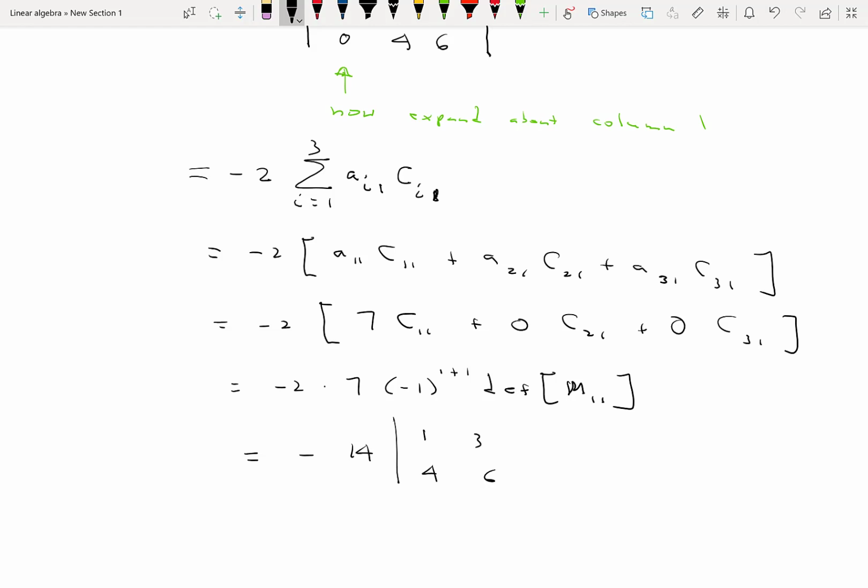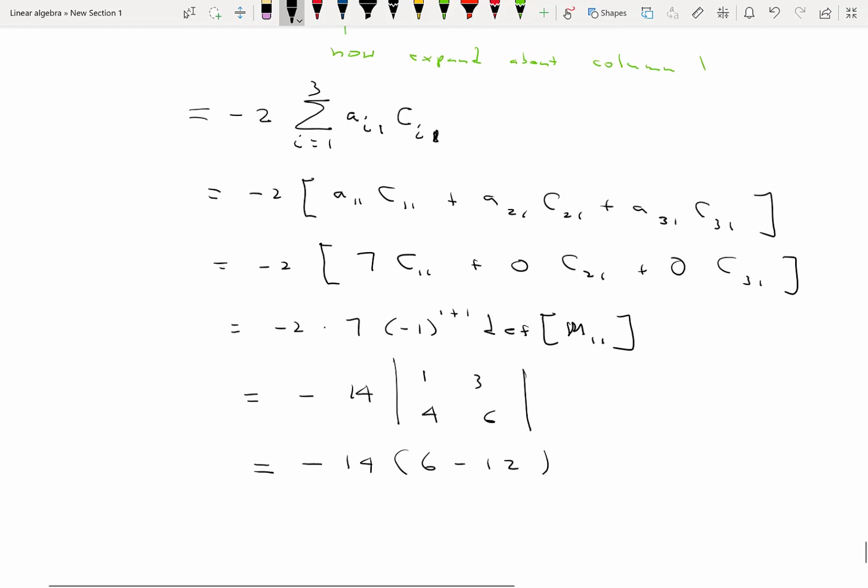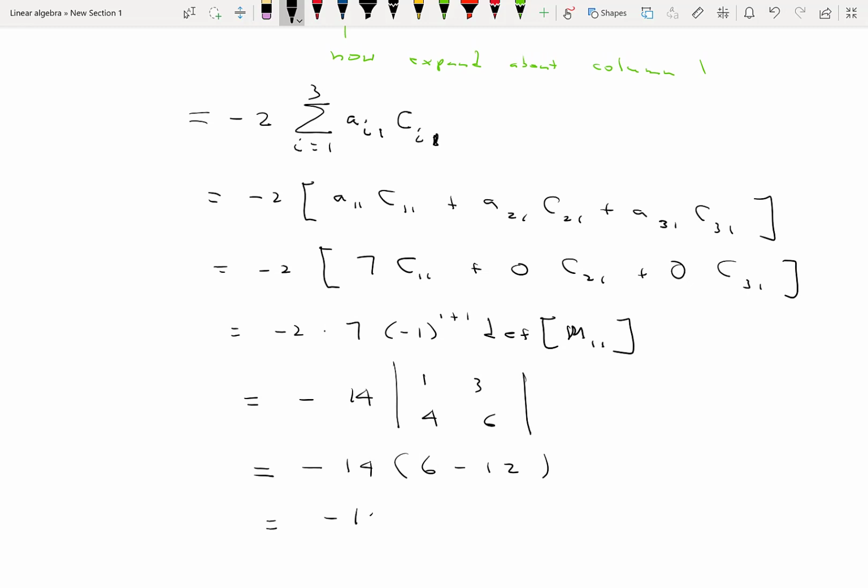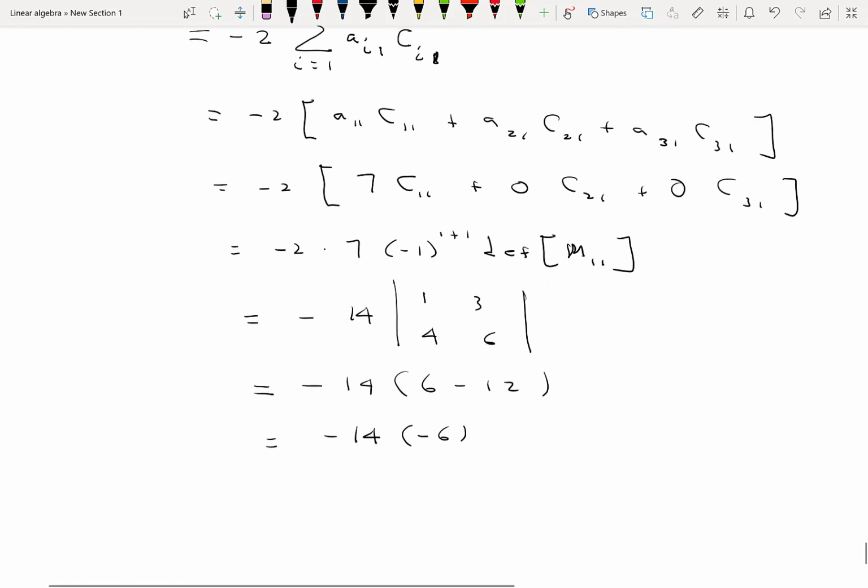Using that alternate notation for the determinant, the absolute value bars. So this is nothing more than 1 times 6 minus 3 times 4, which is 6 minus 12. -14 times -6, which is positive 84. Okay, so the idea is to compute determinants efficiently.